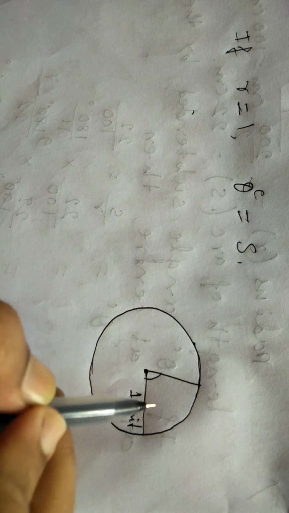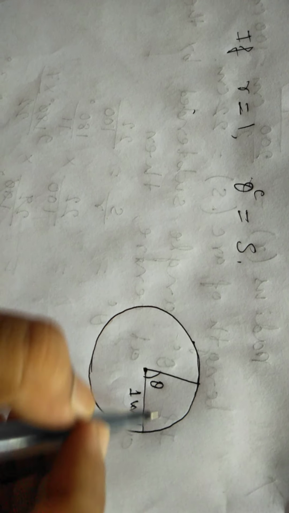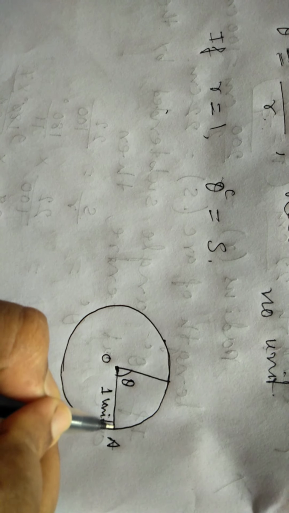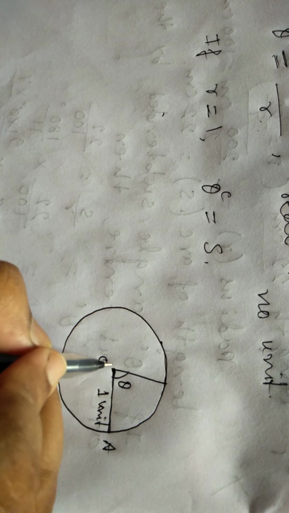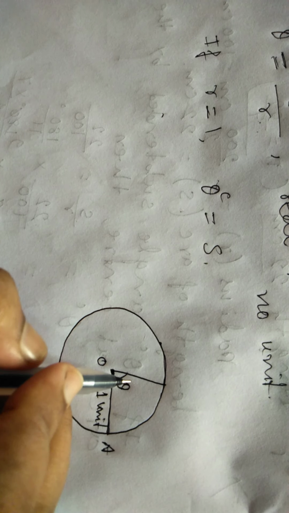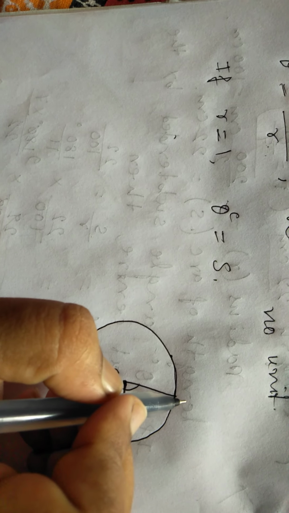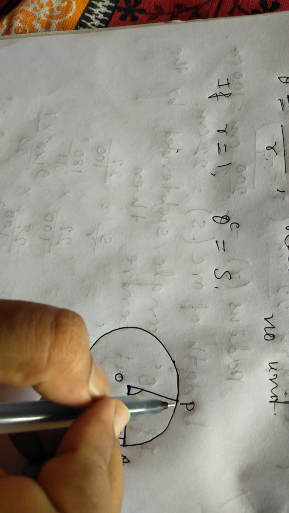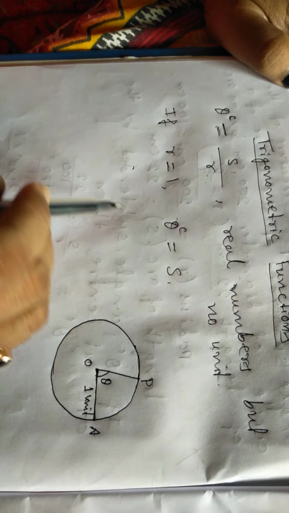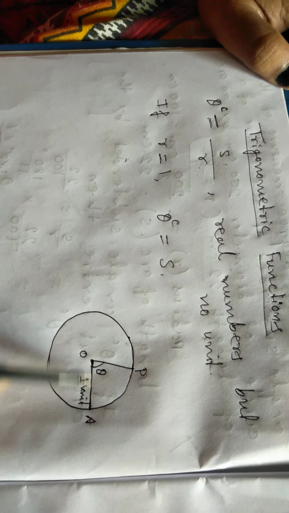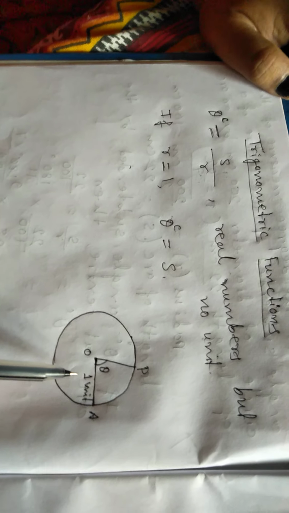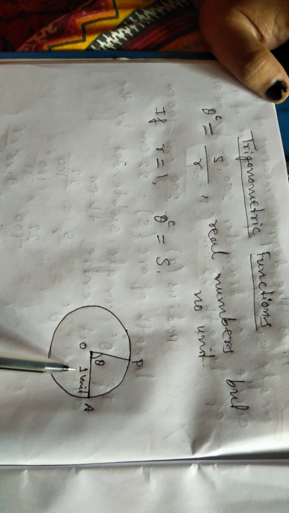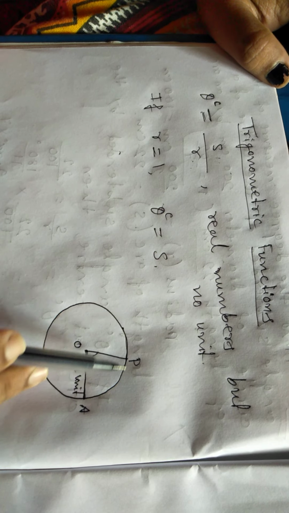If there is an angle theta, this is the initial line, the initial arm of the angle theta, and this is the terminal point. For a circle whose radius is 1 unit, it is called a unit circle.